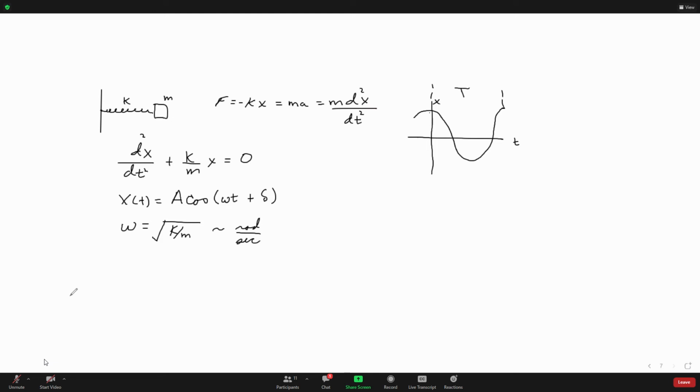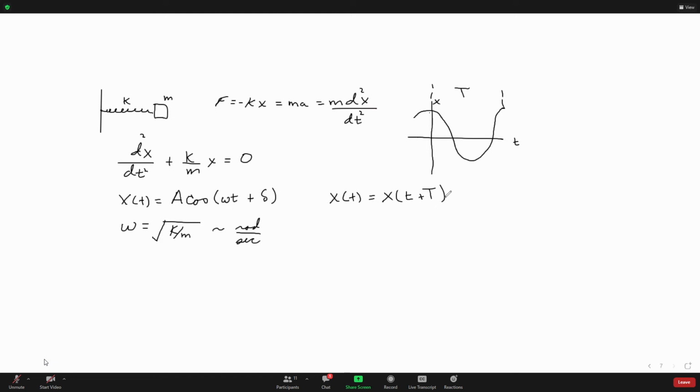So since we have X as a function of time equals X at t plus the period, and this is true for any time t, if I add one period, all I do is I'm back where I started.